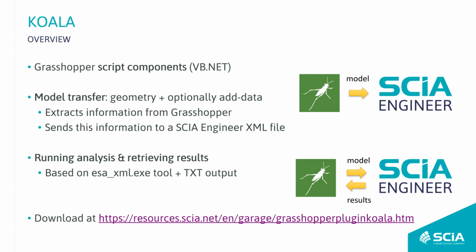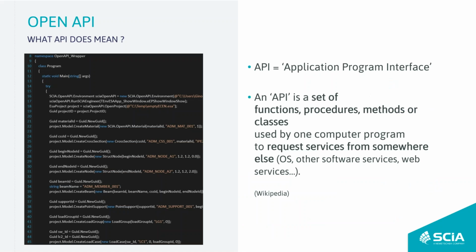I will now start with the topic which is related to parametric design and to SCIA Engineer 19, and that's the feature which we are calling OpenAPI. Let's start with a brief introduction. What does API mean?